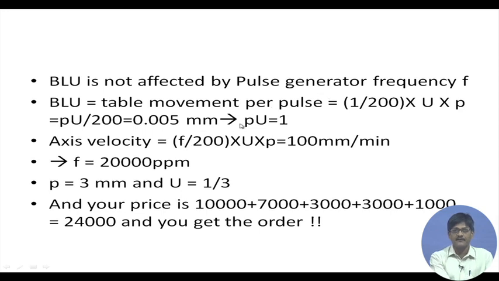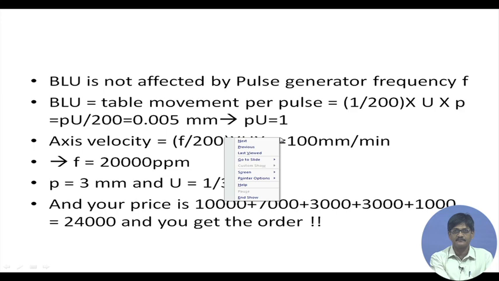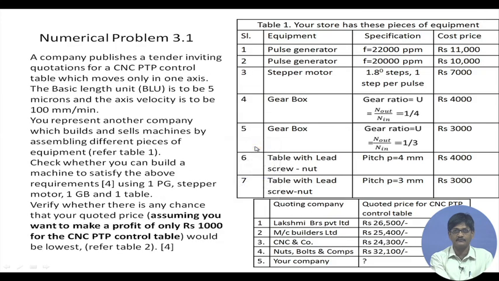Now, if Pu is to be equal to 1, let us see whether we have options giving us such a combination. Yes, if we choose gearbox item number 4 together with item number 6, we have 1/4 multiplied by 4 equal to 1.